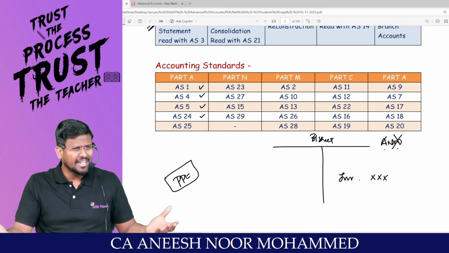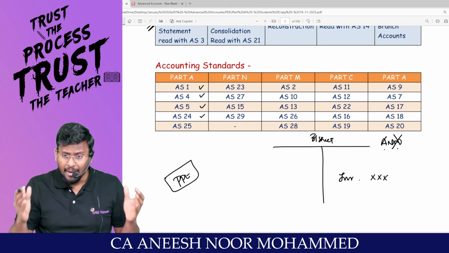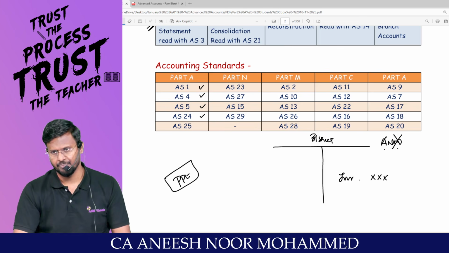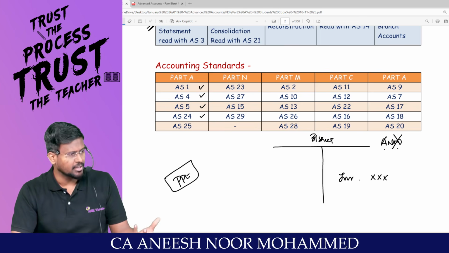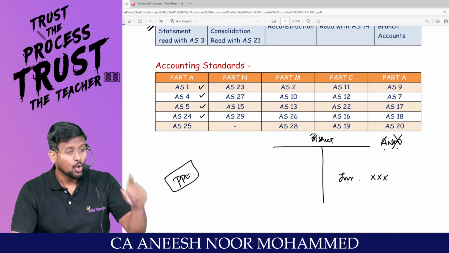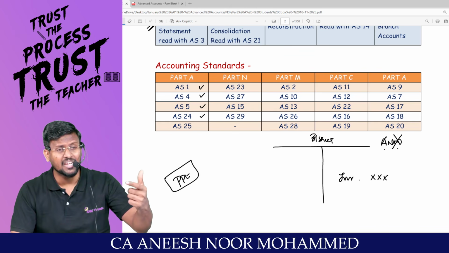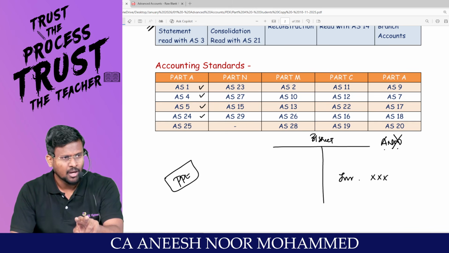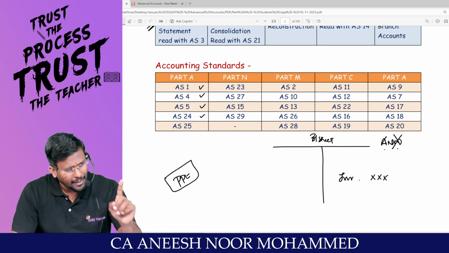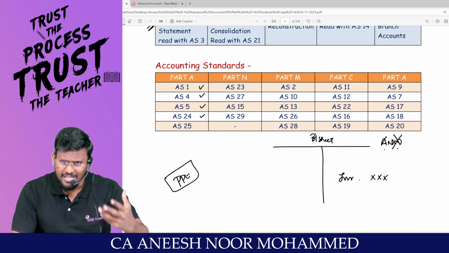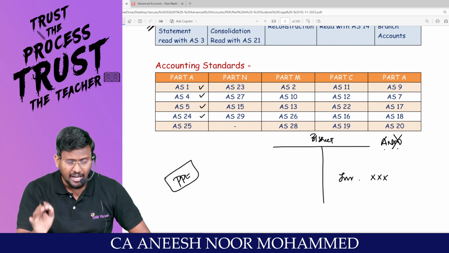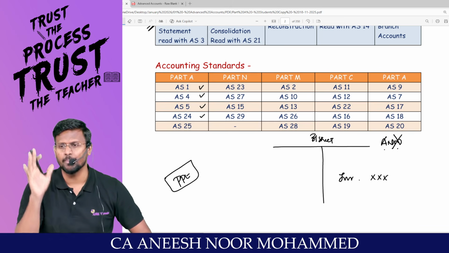There is no need that every company has to prepare and present the financial statement only on a year-to-year basis. There are certain companies, for example listed companies, who are forced to prepare their financial statements on a quarterly basis, a half-yearly basis, a 9 months basis, or per month basis, or any basis, where the length of the life of the financial statement may be less than 12 months.